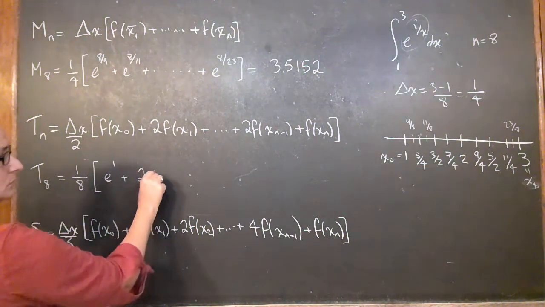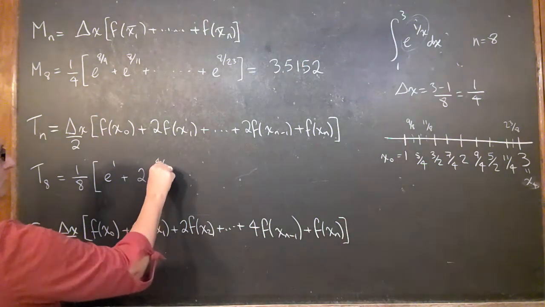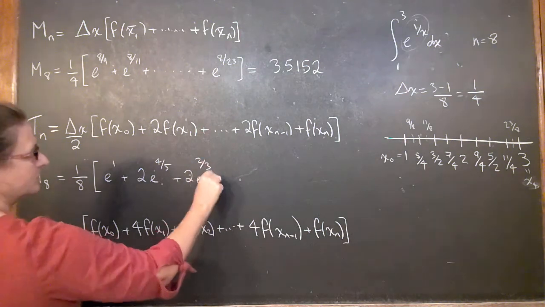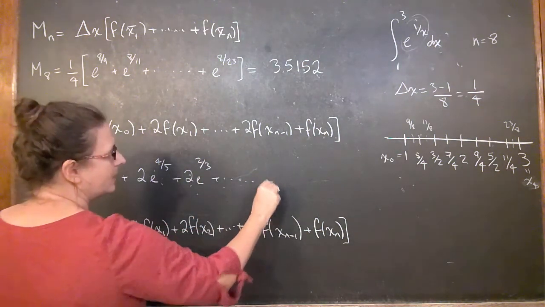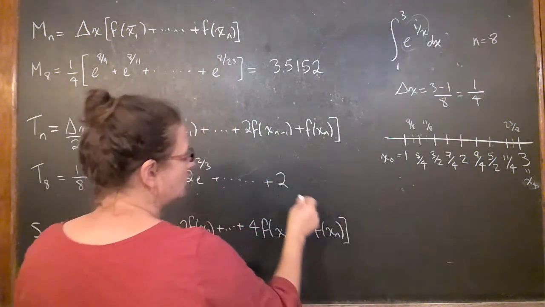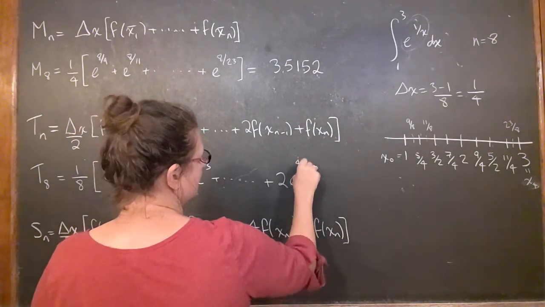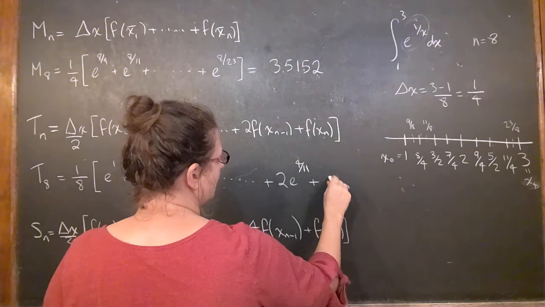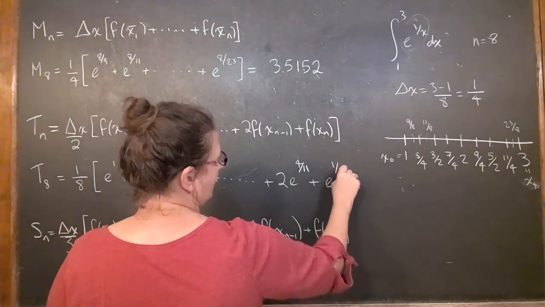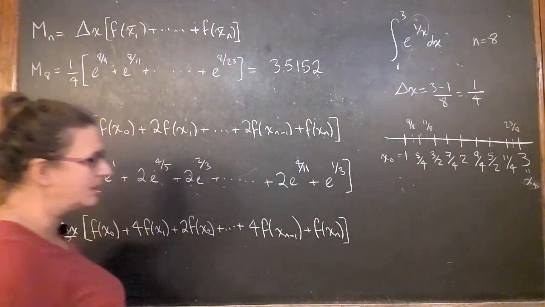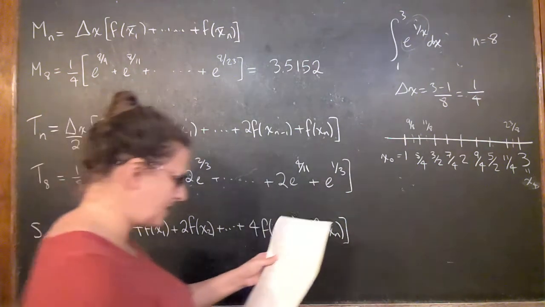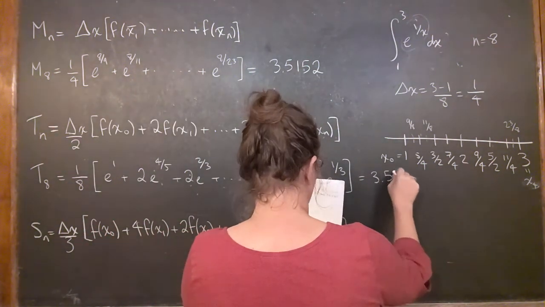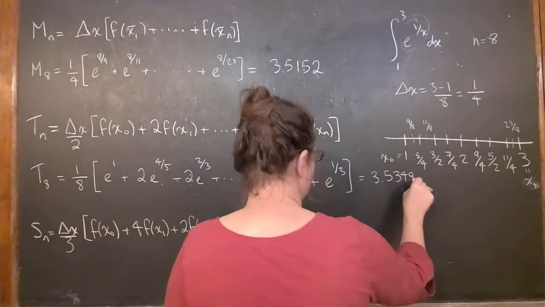Plus 2 e to the 4/5 plus 2 e to the 2/3 plus all the way. The second to last one is the 11/4, and then my last one is 3. Right? And then I wrote down what that was. Over here it works out to be 3.5349.